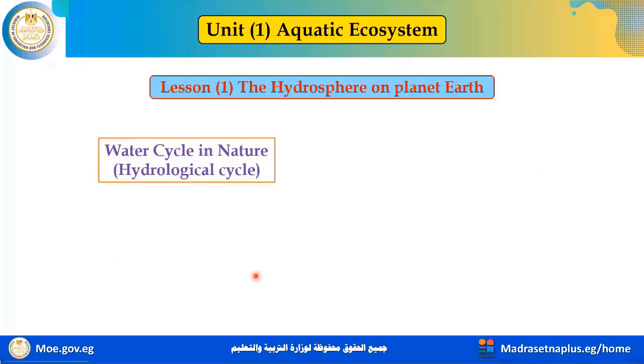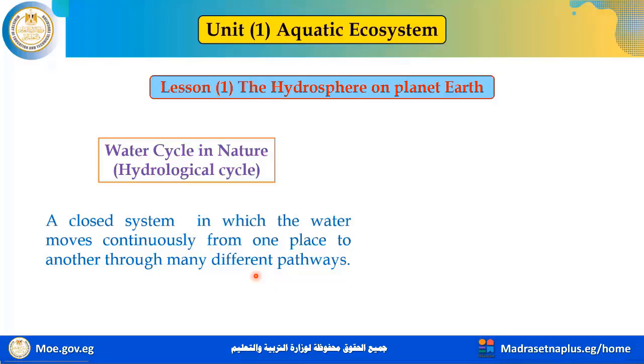Now, my dear students, let's talk about another very important point in our lesson, which is the water cycle in nature, which is also called the hydrological cycle. Again, the water cycle in nature and the hydrological cycle are the same. Okay?